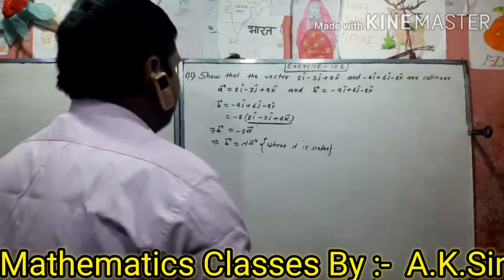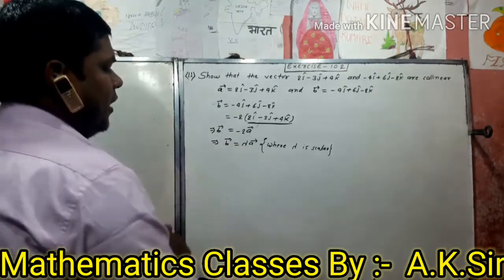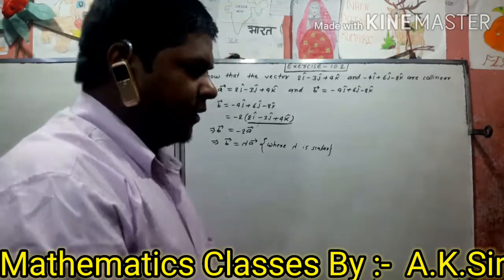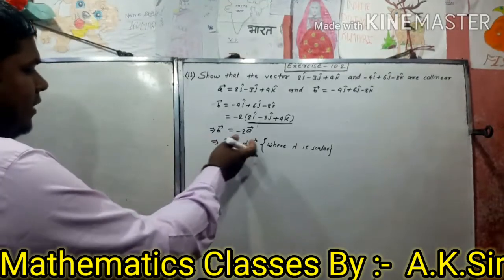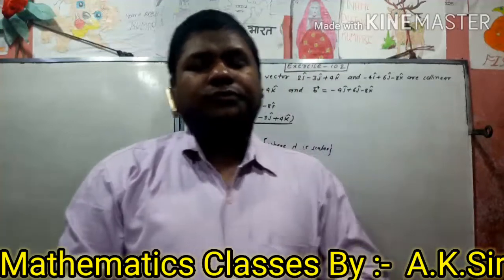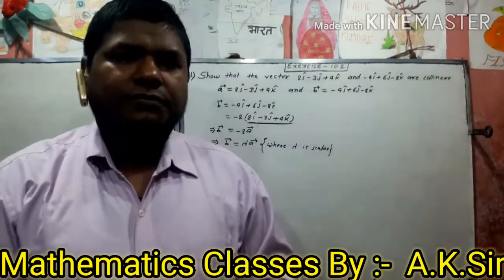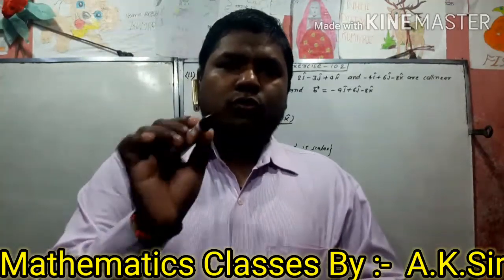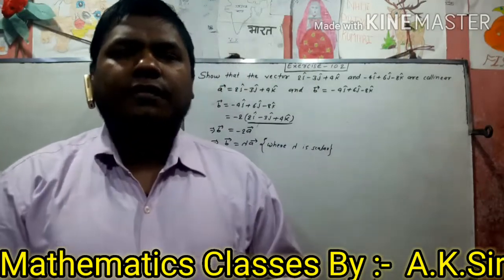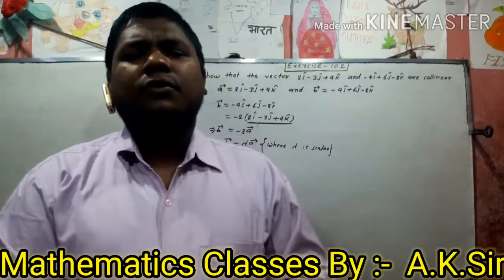It means B vector and A vector are parallel to each other. Then B vector and A vector are collinear, because we have read about collinear vectors. Two or more than two vectors are said to be collinear vectors if they are parallel to each other or they are parallel to a given line.